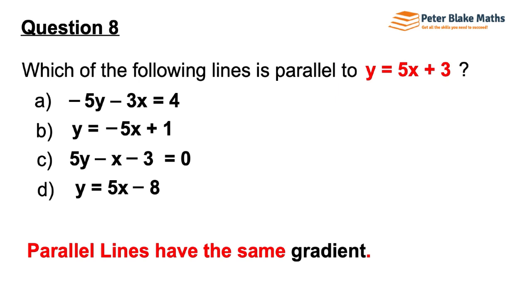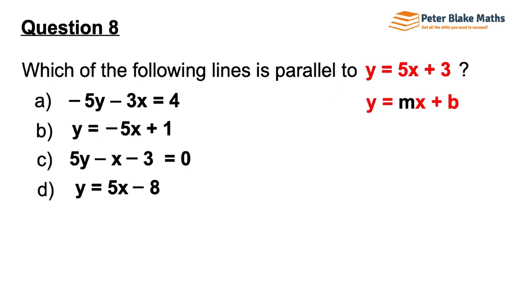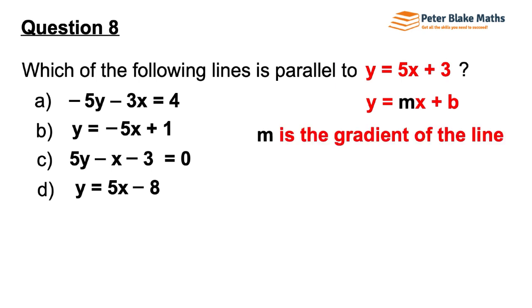So parallel lines, that's asked in the question, they have the same gradient. So our gradient from y equals 5x plus 3 can be read off whatever number is in front of the x once it's in that proper format there. So we can say that in our question, m is the gradient and the gradient is 5 from our question expression there.